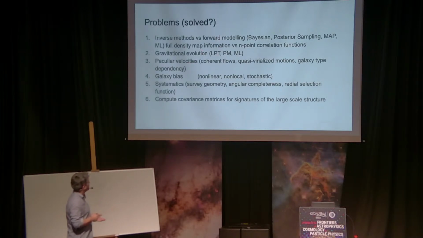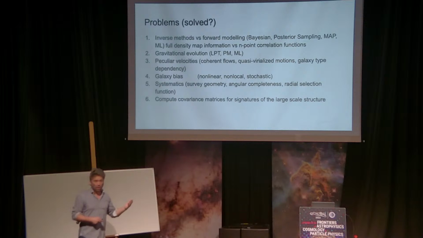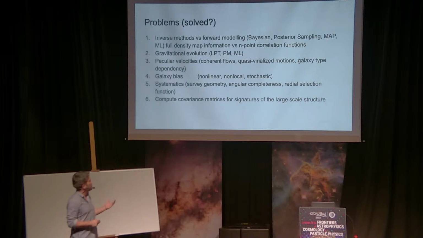Now, inverse methods versus forward modeling. There's a lot going on in forward modeling, Bayesian methods, which are based on posterior sampling or on the maximum a posteriori, or on machine learning. This is not maximum likelihood, this is machine learning when I write that. This is also emerging as a potential method, not yet applied to data, and full density map information versus the n-point correlation functions.